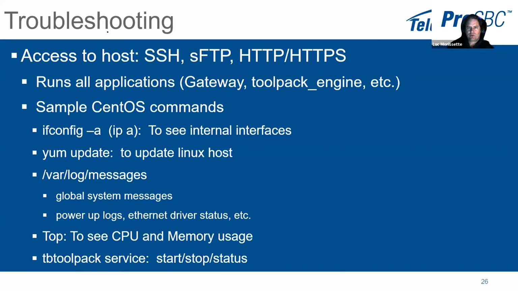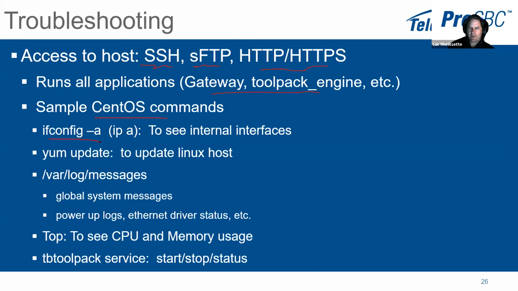Other troubleshooting you can do, well, you saw that many times we want to access SSH, but maybe also using SFTP to access the system, and of course HTTP or HTTPS. This is where all the applications are running. You saw that already. And once you get on this server, then you have the CentOS commands, right?